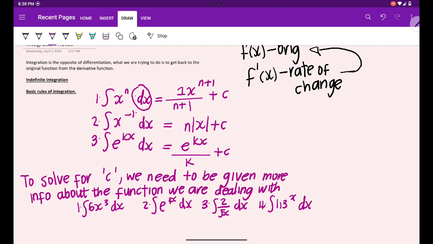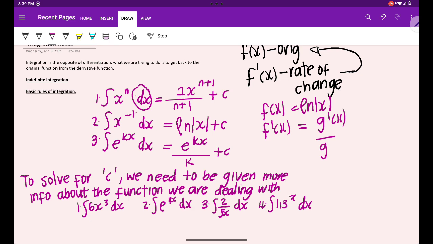If you remember from differentiation, if you had a function f of x equal to ln x and you wanted to find f1 of x, the rule said take g1 of x, the derivative of the function, and divide by the function itself.